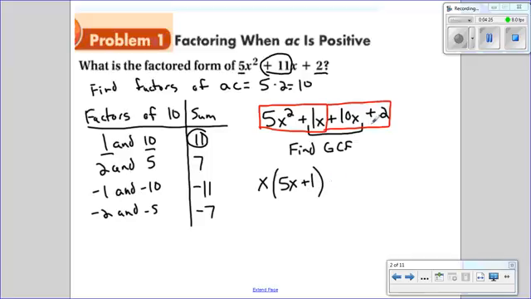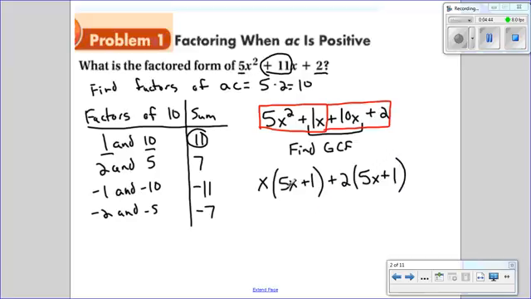Okay, what do these have in common? Now we look at this binomial, 10x plus 2, and I know that they have a 2 in common. And if I factor out a 2 out of 10x, I'm left with 5x. And if I factor out a 2 from 2, I'm left with a 1.